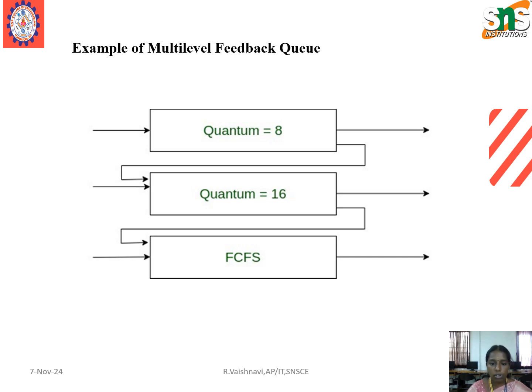After the execution of q1 with quantum time 16 milliseconds, it goes to the FCFS, that is the background one. The first two, that is 80%, come under round robin, the foreground one. The remaining 20% comes under the background, that is the FCFS scheduling algorithm.